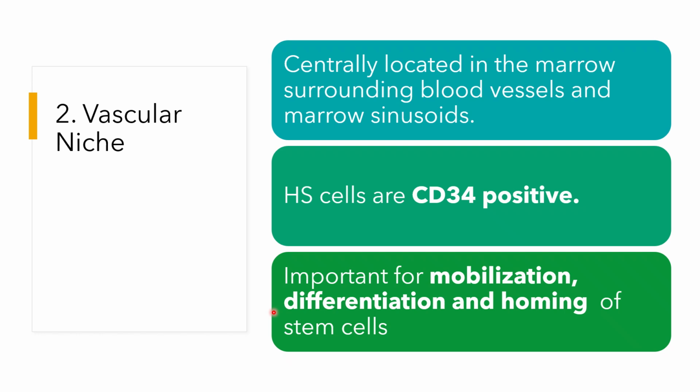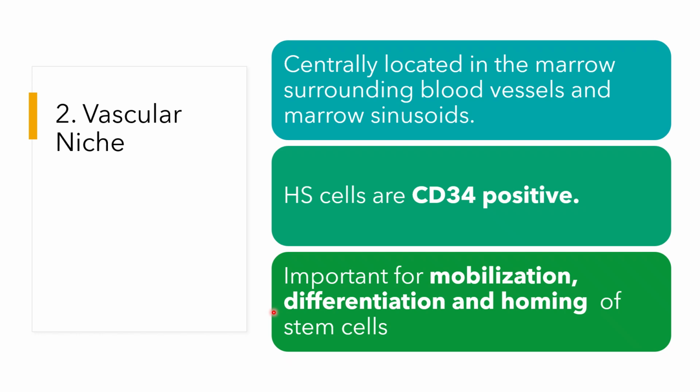So, to make your understanding a little easier, the dormant stem cells are present in the osteoblastic or the endosteal niche, and the more active and differentiating stem cells are present in the vascular niche.